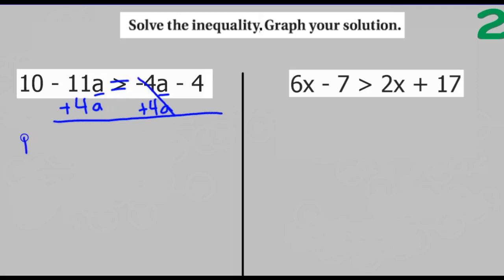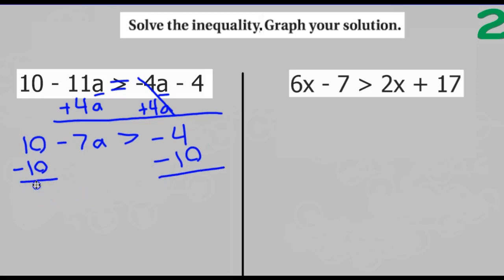So we have 10 minus 7a is greater than negative 4. Got to subtract 10. Ten minus 10 is 0, so those cancel.